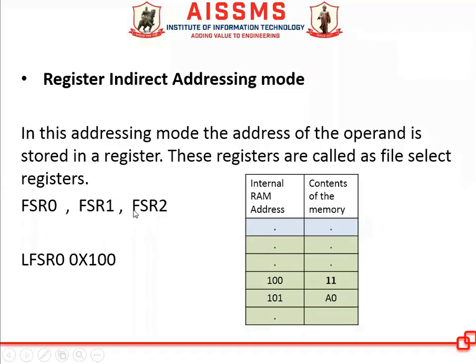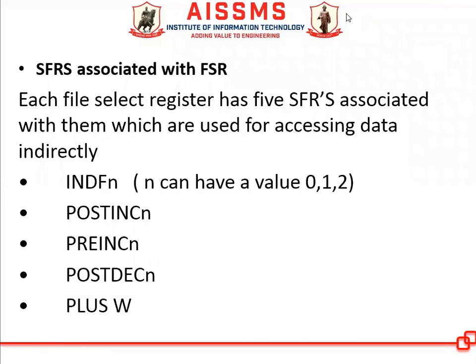File select registers 0, 1, and 2 are all 12-bit registers. Now there are special function registers associated with the file select register, and there are 5 of them: INDF, POSTINC, PREINC, POSTDEC, and PLUSW.